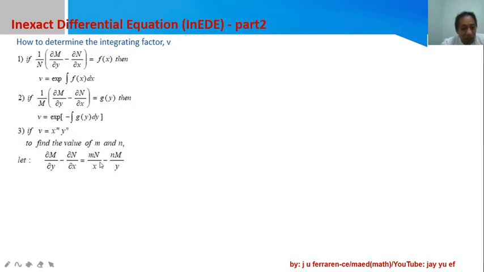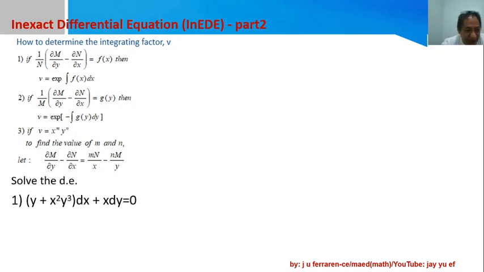So we are given a DE like this. When we test for the exactness of this DE, this is your M, and what's your M equal to? It is y plus x squared y cubed. And the second coefficient, denoted with N, the coefficient of dy, is x.